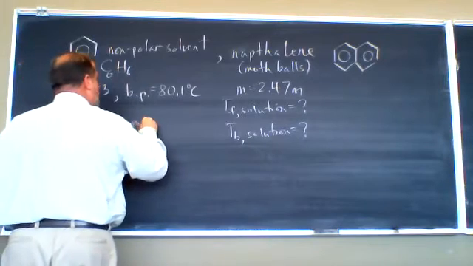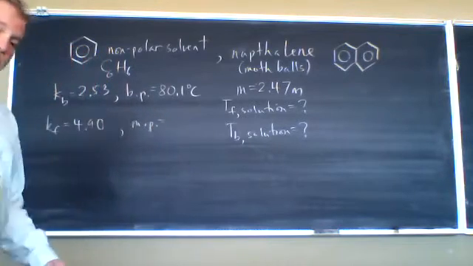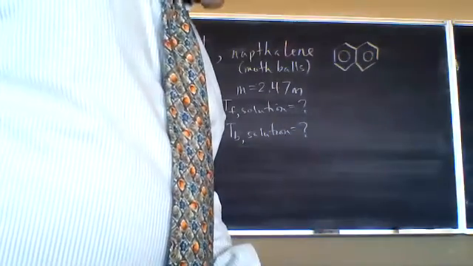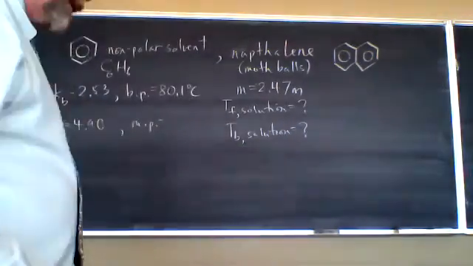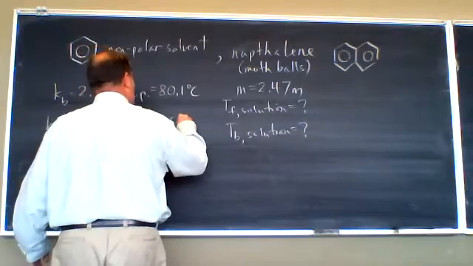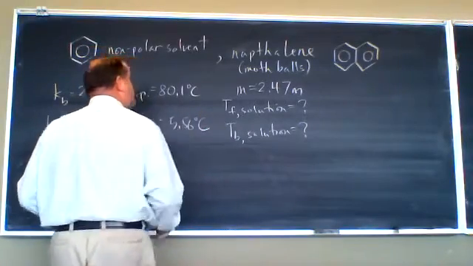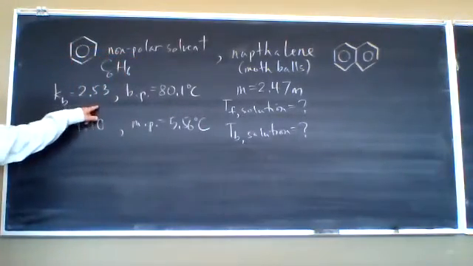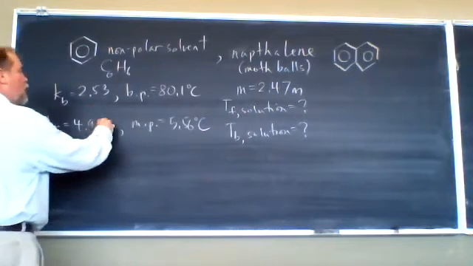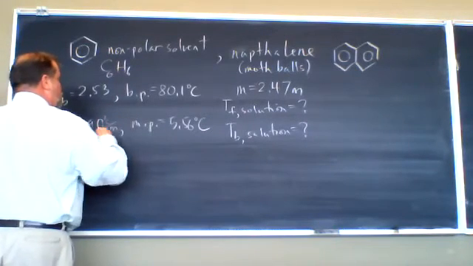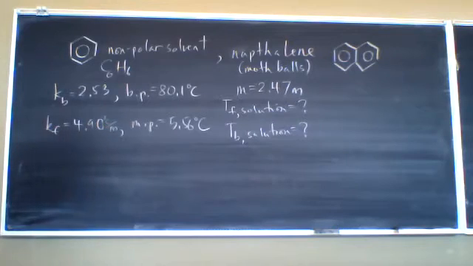And the melting point of benzene is equal to 5.56 degrees Celsius. Okay. And I'm sorry, I need to go ahead and put the units in here for us. The K units are degrees Celsius per molal.